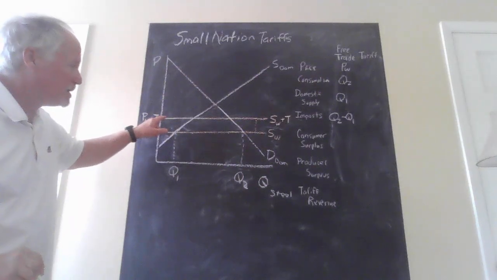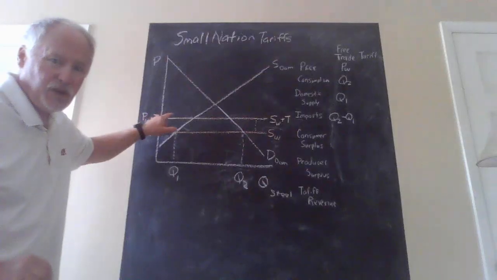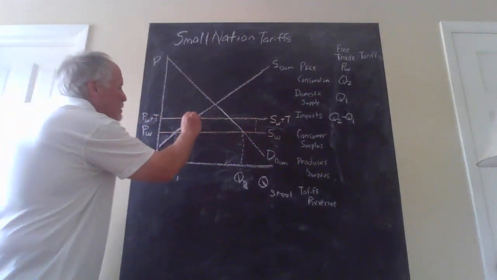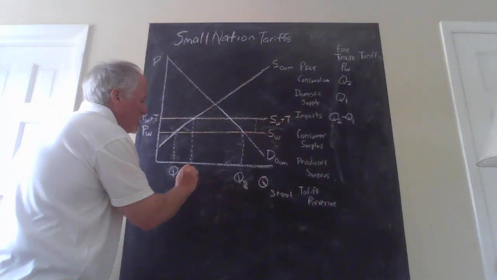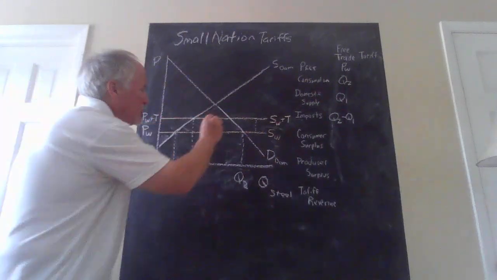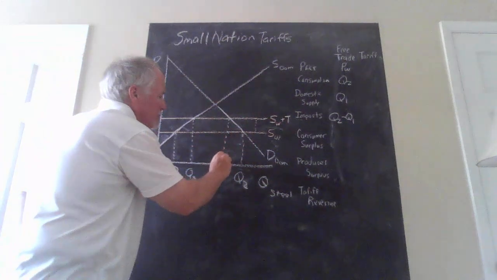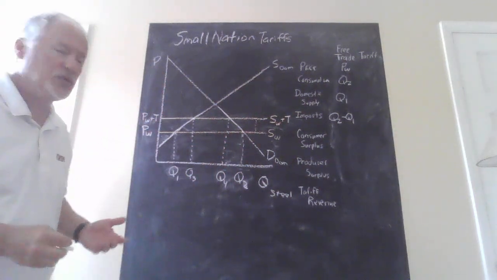And then we would get the domestic consumption and production by taking this price here, reading over to the domestic supply curve. That's there. Come down here. That'll give us Q3. And we keep reading over to the domestic demand curve, and that'll give us Q4, the quantity consumed with the tariff.